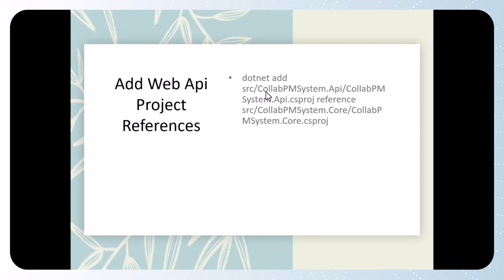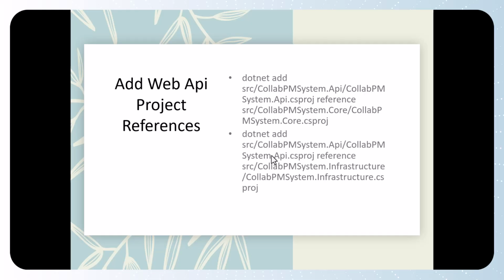Now, add, then again web API project reference is the collab.tmsystem.core project, as well as here it references the infrastructure. But the .NET command has to go there. Alright.